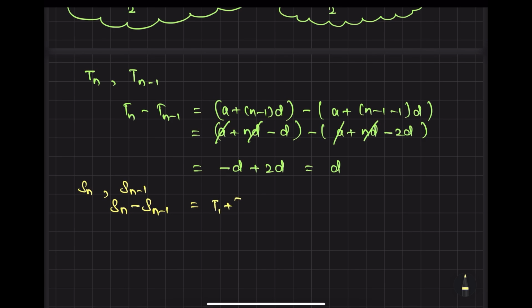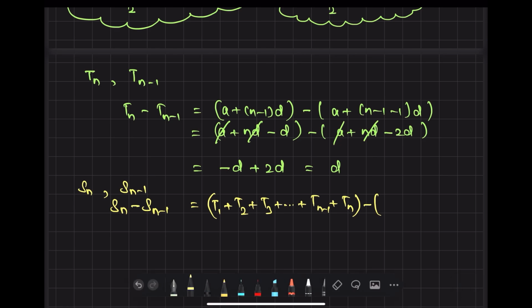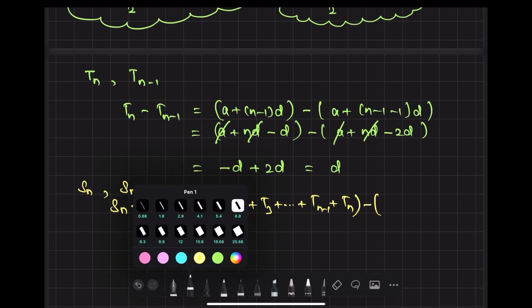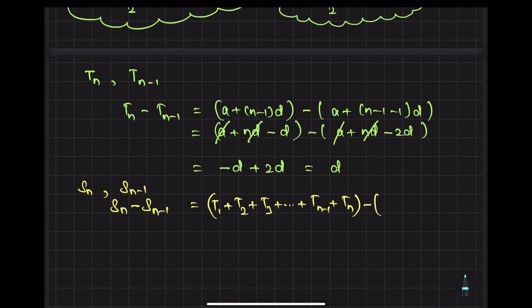T1 plus T2 plus T3 plus dot dot dot Tn minus 1 plus Tn. Okay, so this is the first part. Now focus on the next part. What is next part? Next part is S of n minus 1. Okay, so can I write T1 T2 dot dot dot, and we have to stop at Tn minus 1.